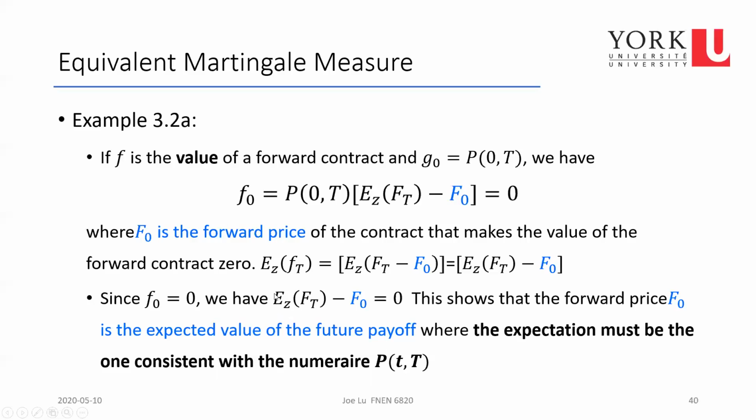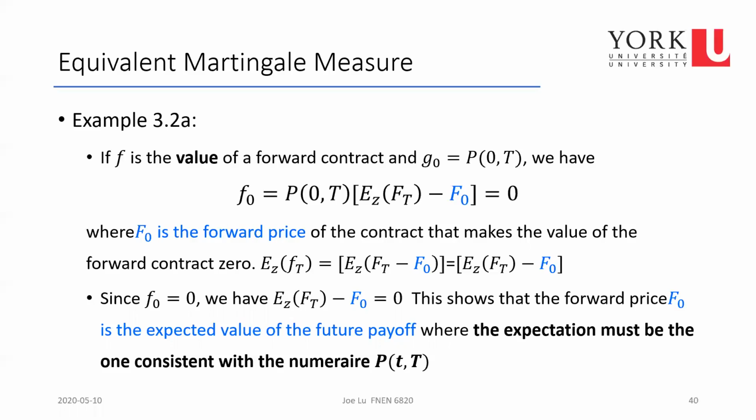Now, when people are talking about expectation, sometimes they don't really specify which expectation. So here we have to be really careful when we learn the equivalent martingale measures, because the expectation here is really related to using a zero coupon bond as the numeraire. So you have to be really, really careful when we talk about expectation or expected value. What does it really mean?